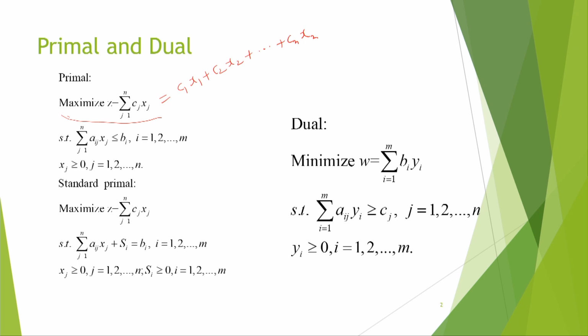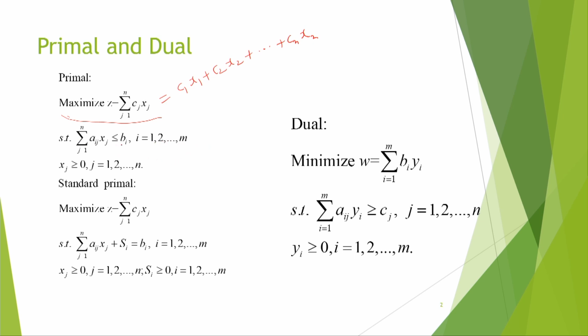Generally, most of the students who are not mathematically strong prefer that I write the full expression, but sometimes that becomes difficult. That is why you learn the compact notation: the sum from j equal to 1 to n of Cj xj equals C1 x1 plus C2 x2 plus Cn xn, such that the sum from j equal to 1 to n of Aij xj is smaller than or equal to Bi, for i equal to 1 to m.